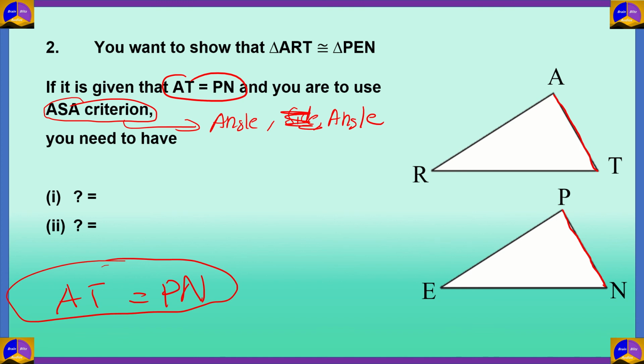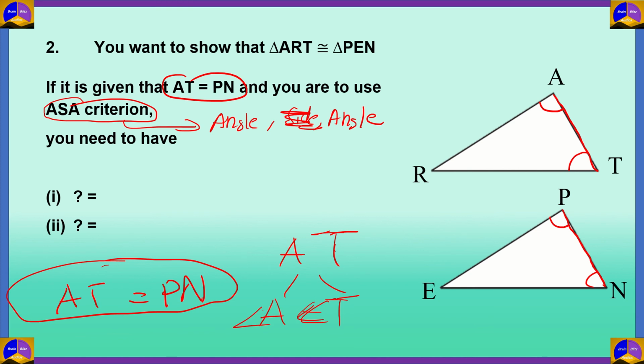Now to find which two angles, we have to look at the statement. The statement is AT. Now in AT we can divide it into two parts, A and T. Now these both are angles, so the edge of each side will form an angle.